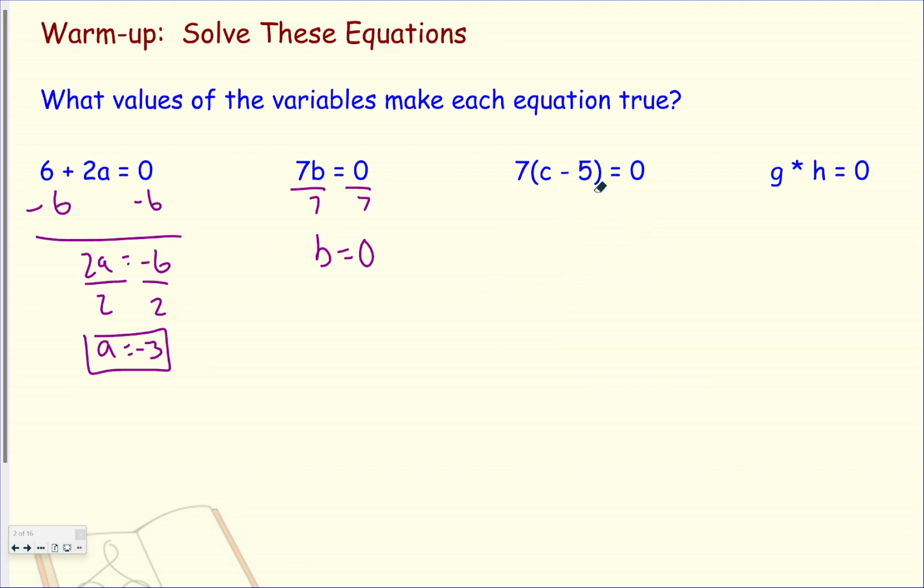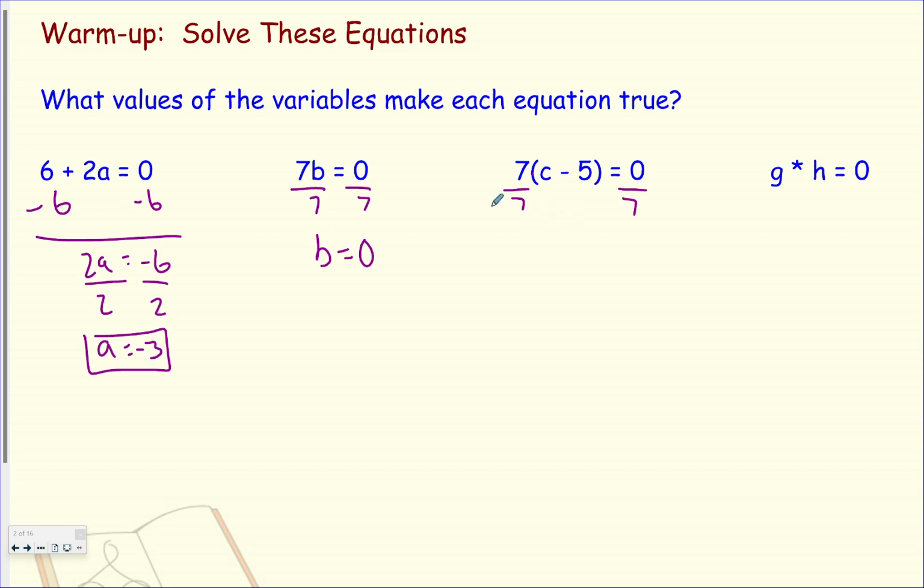So let's solve this one a different way than using distribution, because sometimes the distribution might get us into a little trouble. So here, instead of multiplying by 7, I'm going to divide by 7. Now, why am I allowed to do that? Well, because this is 7 multiplied by a factor, and what's the opposite of multiply?